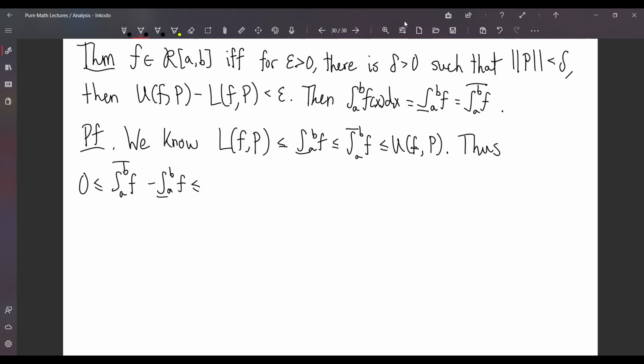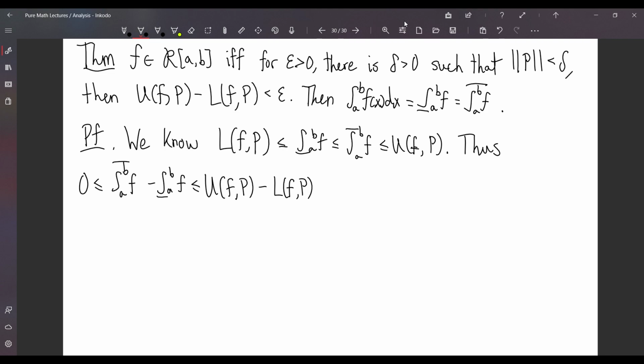And then it's going to be less than or equal to the difference of the upper sum minus the lower sum, which you can think of as using this inequality and this inequality in tandem.